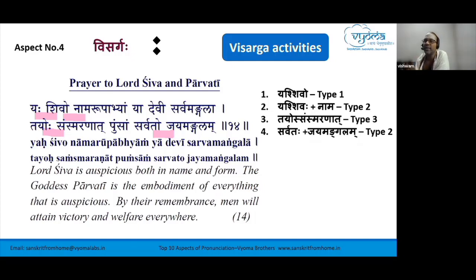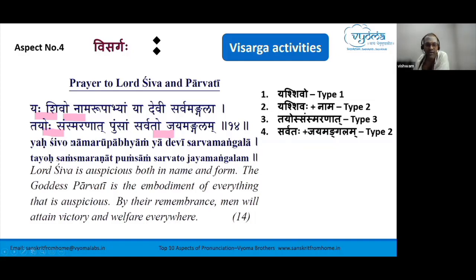We should know that. First, the visarga in Yashivo is becoming a Shakara. The visarga in Shivaha Nama is becoming an O. Shivo, it is becoming.